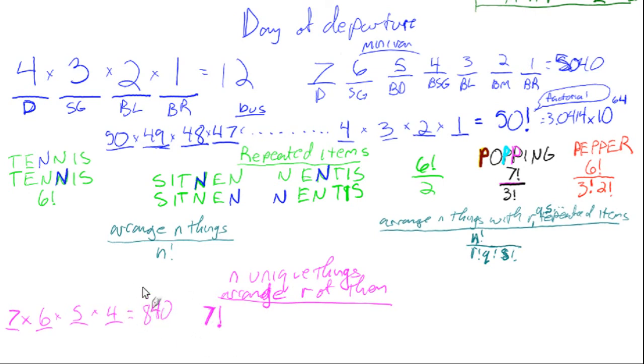Well, this would be 7 times 6 times 5 times 4 times 3 times 2 times 1. But you want to divide out. Let's use division to get rid of these 3. So we'll divide out a factor of 3 and 2 and 1. Well, what's 3 times 2 times 1? That's just 3 factorial, right?